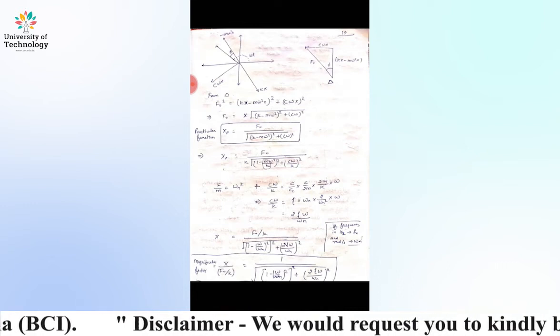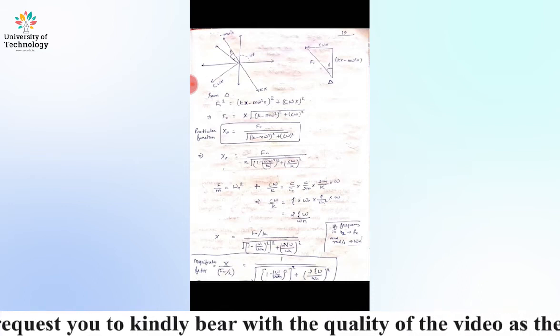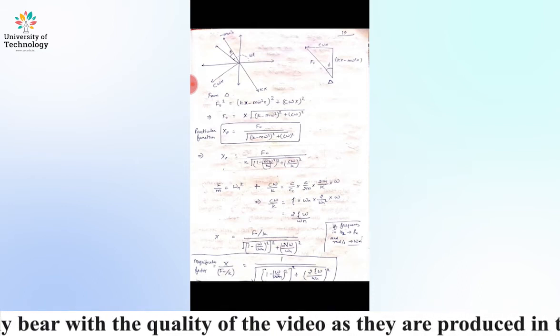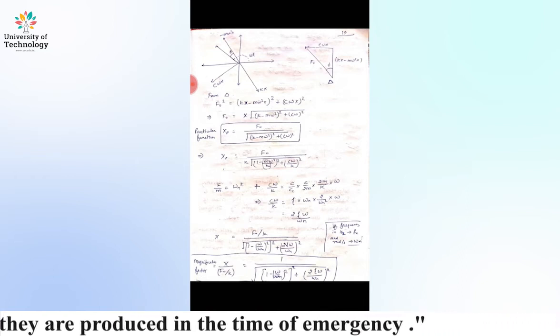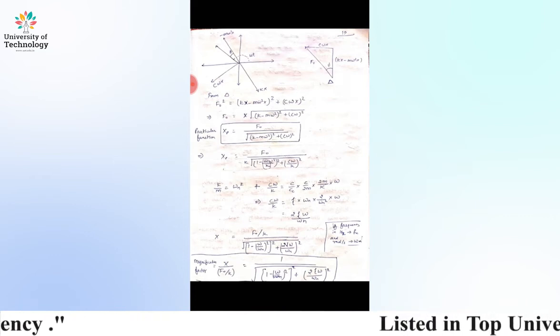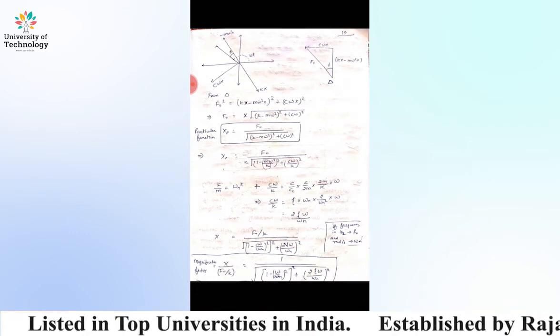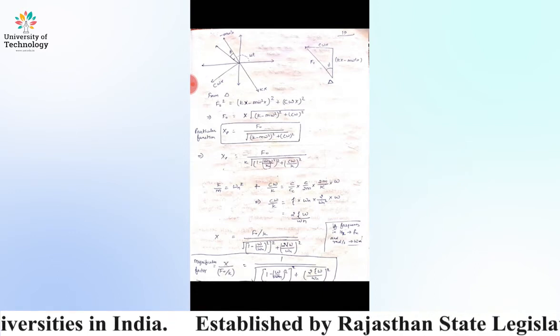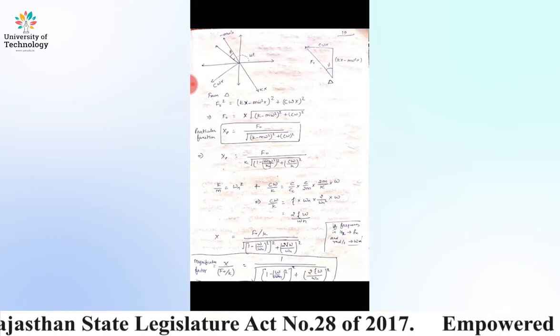That is, F naught is equal to X root of (k minus m omega square) whole square plus (c omega) whole square, and the particular function will be xp is equal to F naught upon root of (k minus m omega square) whole square plus (c omega) whole square.